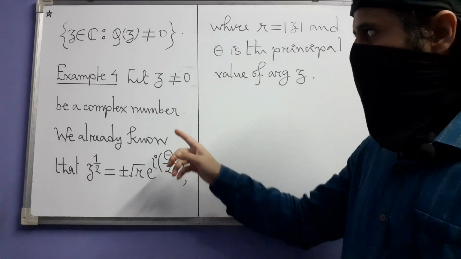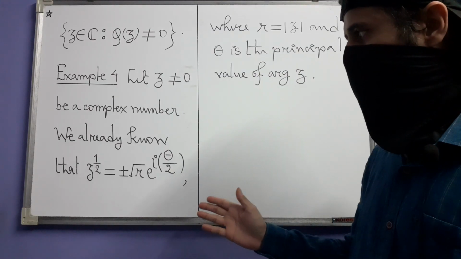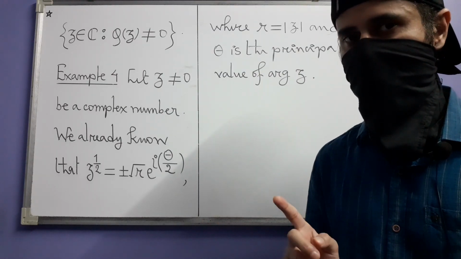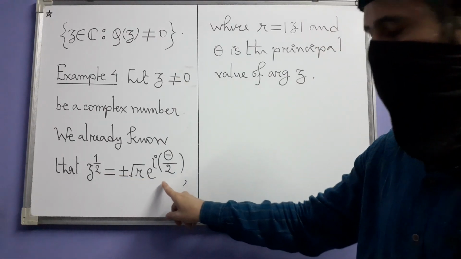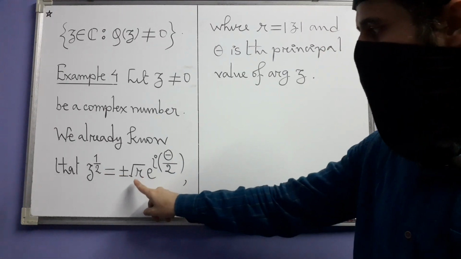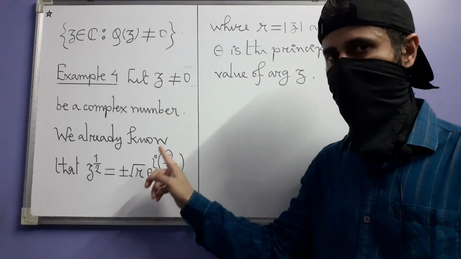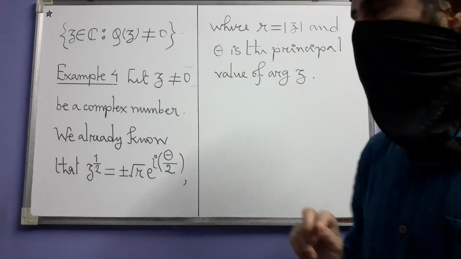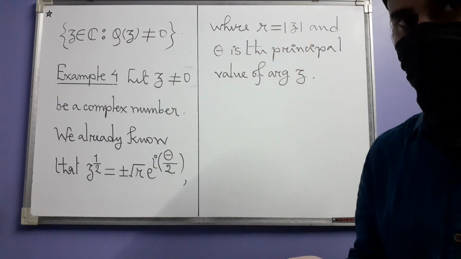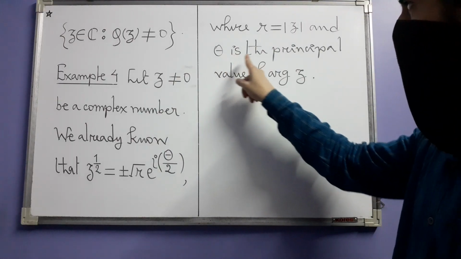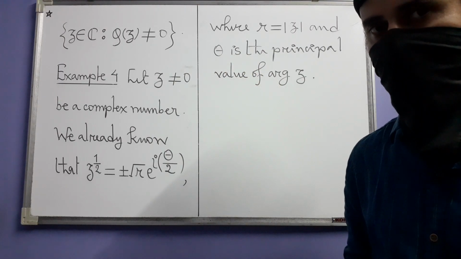Example 4 says z is a non-zero complex number. Now we already know from that section where we considered roots of a complex number that z has two square roots, which are these: plus or minus square root of r times exponent of i times theta divided by 2, where r is the absolute value, that is modulus of z, and this theta is the principal value of arg z, that means capital Arg z.